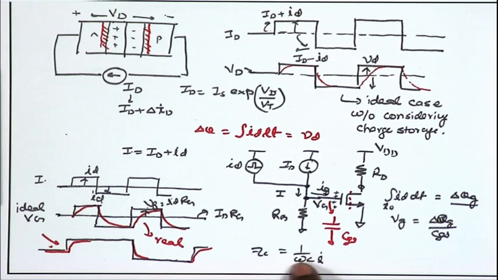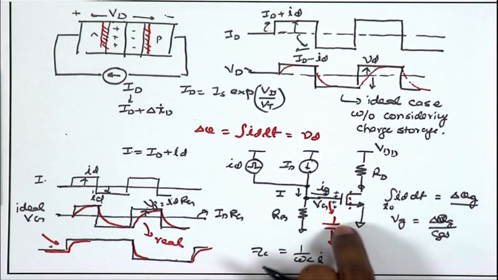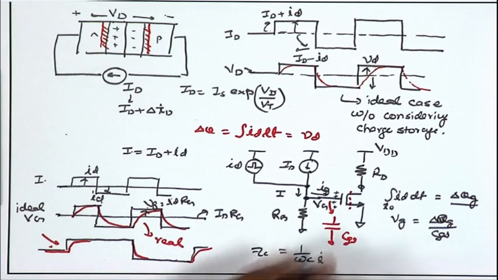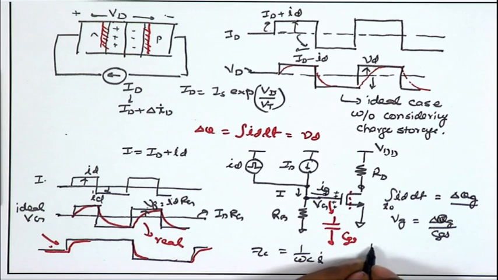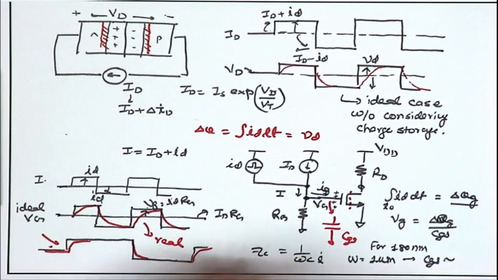At low frequencies 1 upon omega C becomes very large, and therefore we can almost ignore them because their capacitance values are pretty small. For 180 nanometer technology, if I look at 1 micrometer channel length, the CGS will be of the order of a few femtofarad.